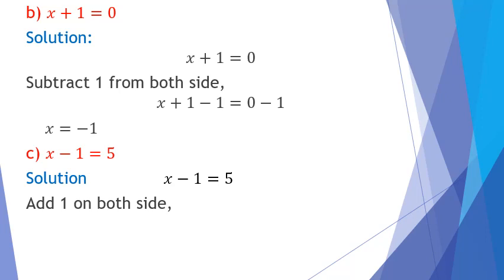In the LHS, minus 1 and plus 1 cancelled. So x equal to 6 is the solution.